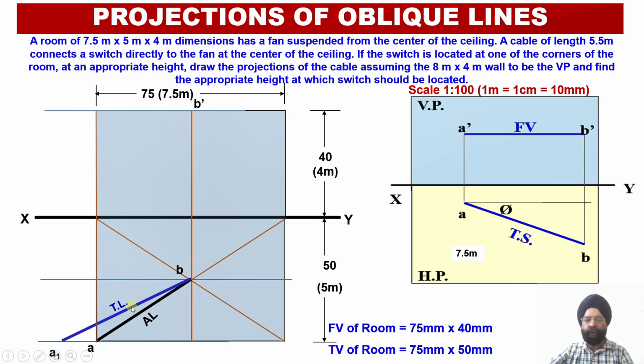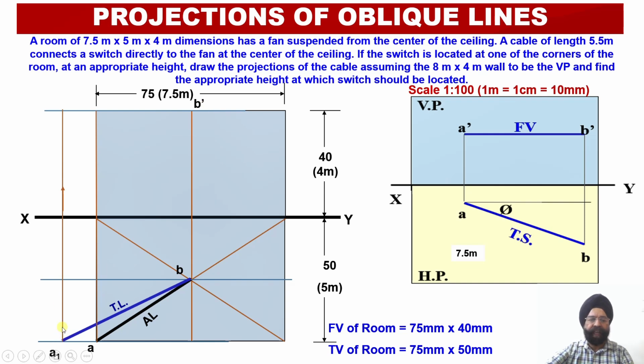So what I am going to do, here I have got a line A1B over here, which is the true length. So through this point A1, I will be drawing a vertical projector which will be moving up to the locus line of this point B dash over here.